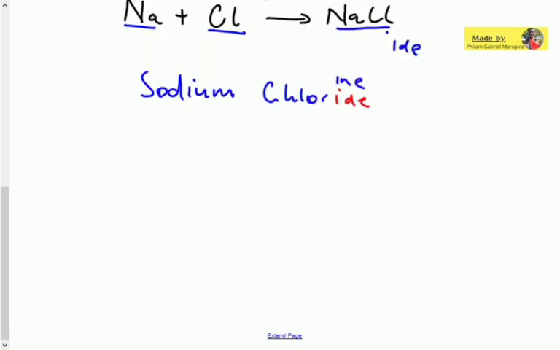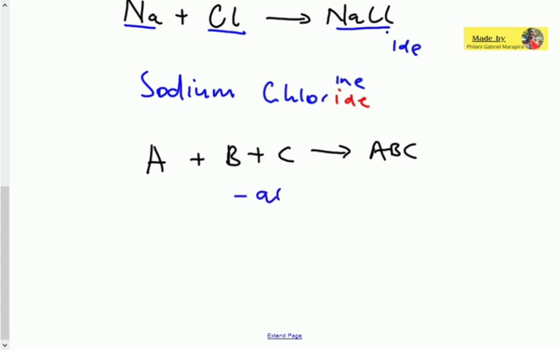Let's look at those which have 3 reactants making up the compound. You have element A plus element B plus element C to give you compound ABC. These are the reactants and that one is the product. How do you name compounds which have 3 reactants in them?